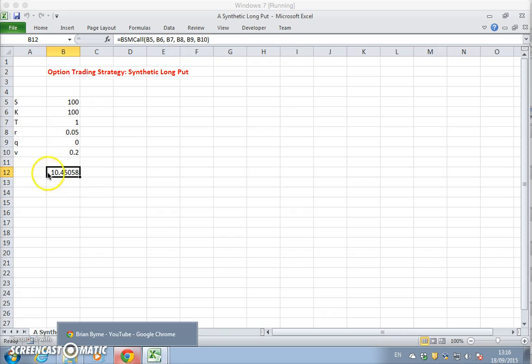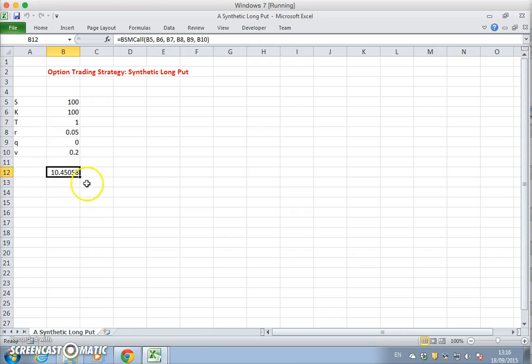Okay, so the function didn't seem to work initially. I just closed it down, and I reopened and enabled macros. Sometimes if there is an issue with functions not working, it may not be the coding, it might just be that macros weren't enabled.